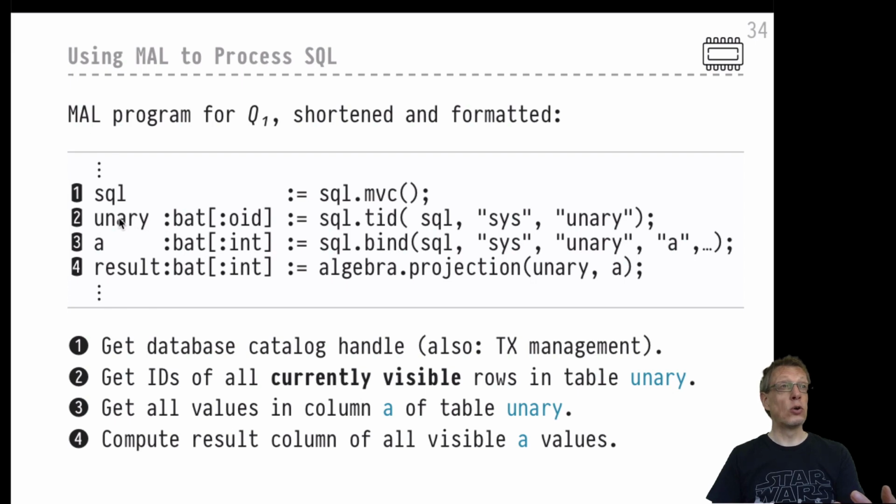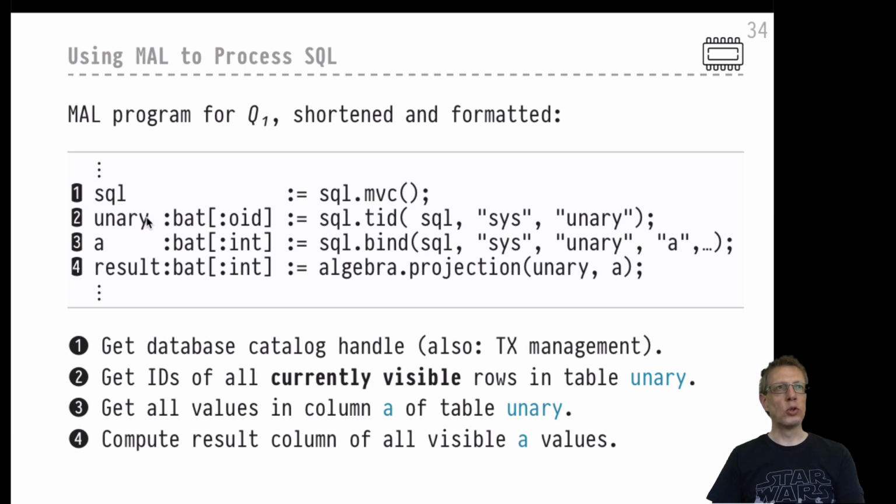Okay, so this is the payload of the integer column. The unary BAT actually gives us information about which of these integer values are currently visible to the user or to the application. Some of them might have been deleted. That information is only reflected in this unary BAT.